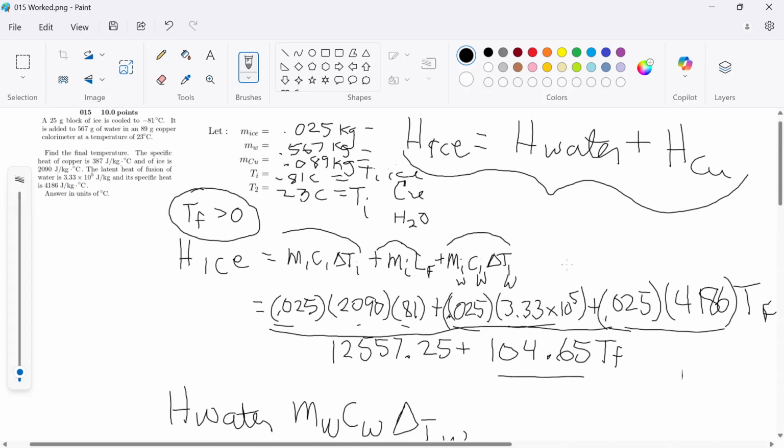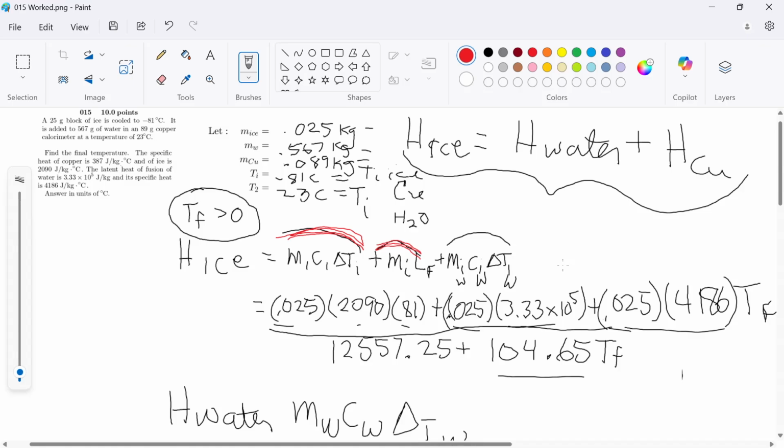All right, let me find the heat of the ice. It's going to be this part first. I'll do these in red. It's the MC delta T of the ice to raise it from negative 81 degrees Celsius to zero, because once it's at zero, it can start melting. And to melt, it's going to be the mass of the ice, which is still the same, times the latent heat of fusion, which again was given at 3.33 times 10 to the fifth.